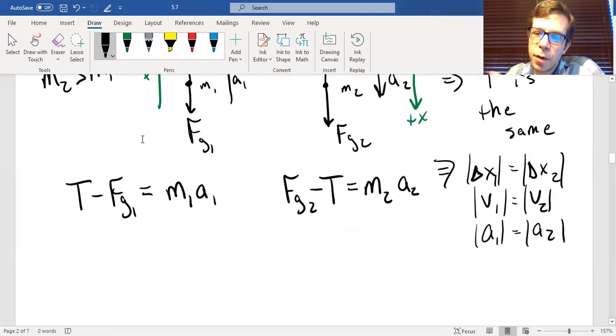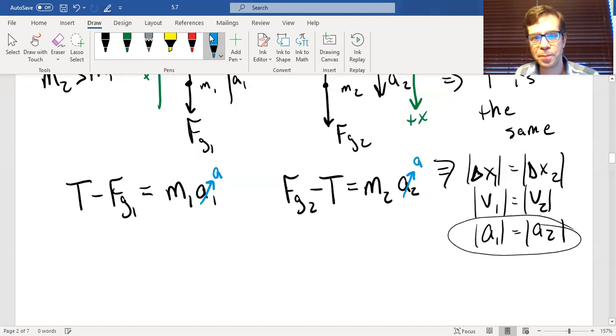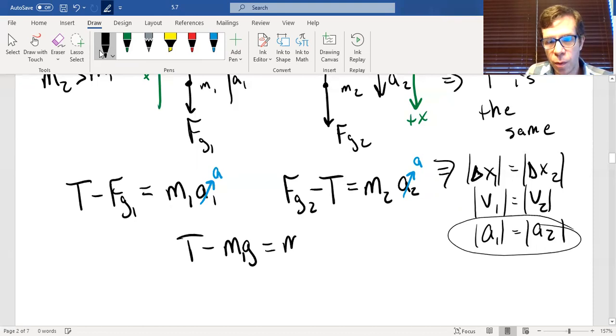All right, but I've already said that the magnitudes of the accelerations are equal. So I'm just going to replace these with just A with no subscript because they're the same. So now I'm left with two equations: tension minus M1G is equal to M1A, right?